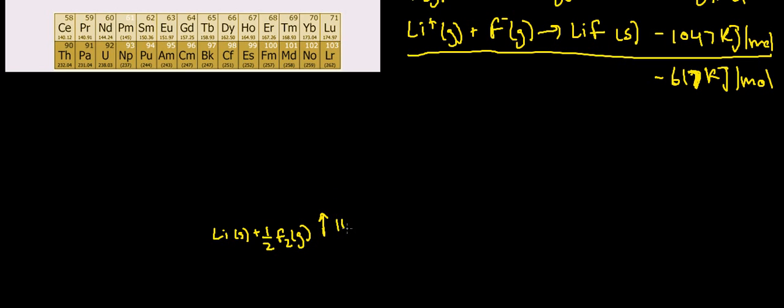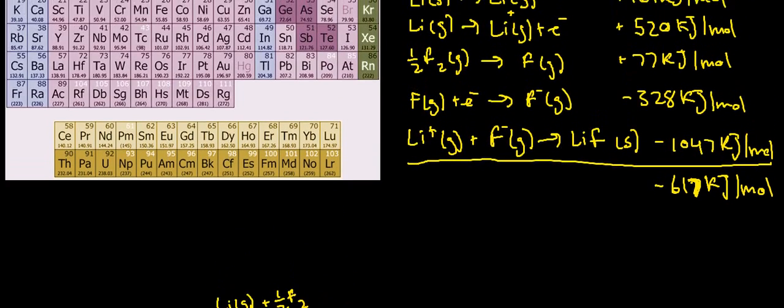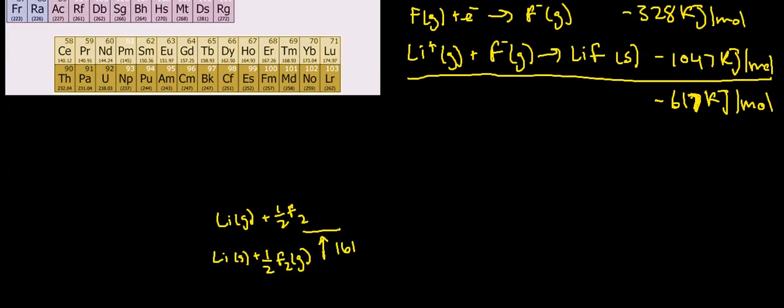So first thing we're going to go up, it's going to take 161 kilojoules to get us gaseous lithium. So now we're going to be here. So I've got lithium gas and the fluorine. So next what I need to do is ionize this thing. So this one's going to be 520.